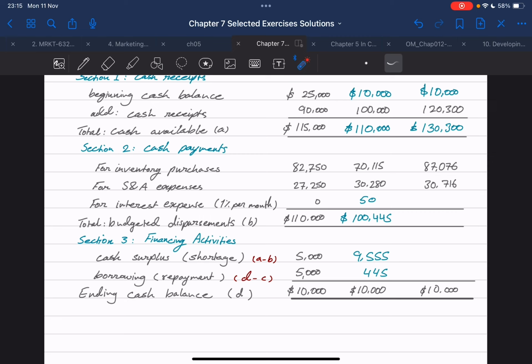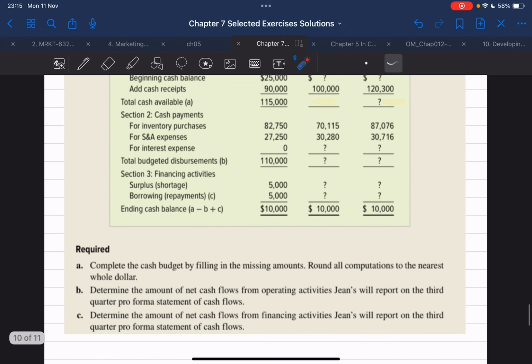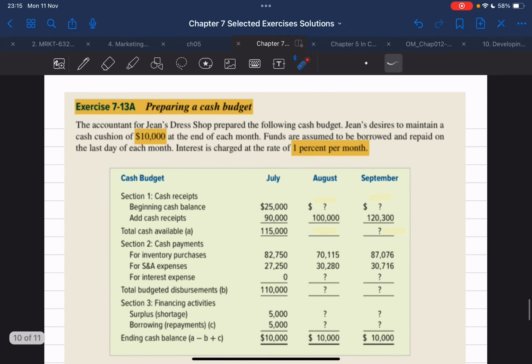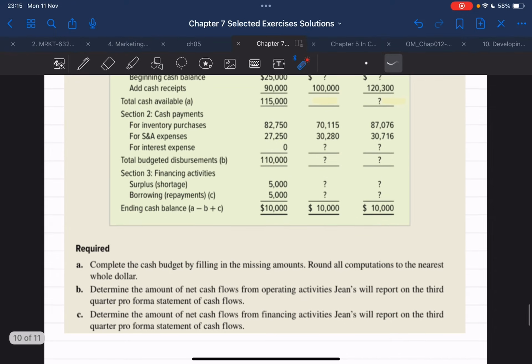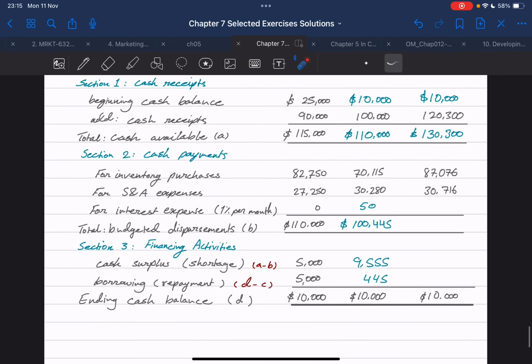Okay. On my calculator, it says $54.45. But because the question told us to round our numbers to the nearest dollar, as you can see here, round all computations to the nearest whole dollar, that means we're going to round down to $54.